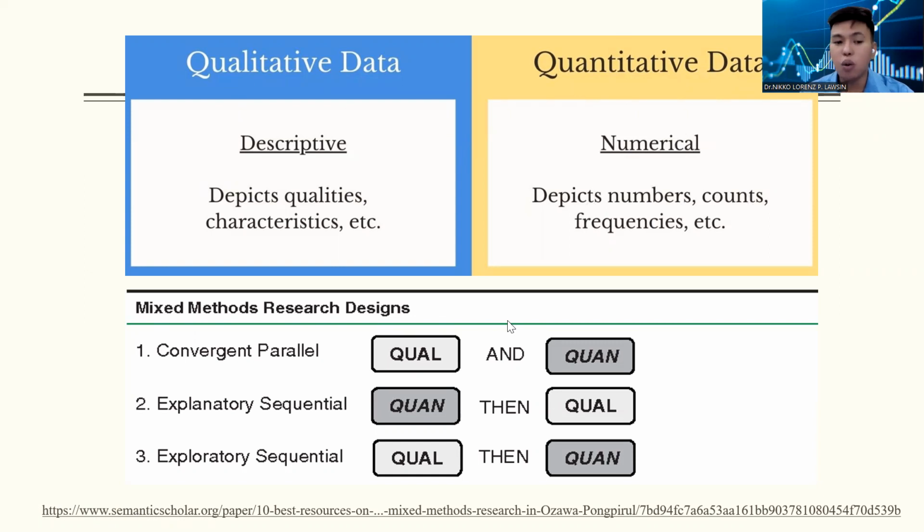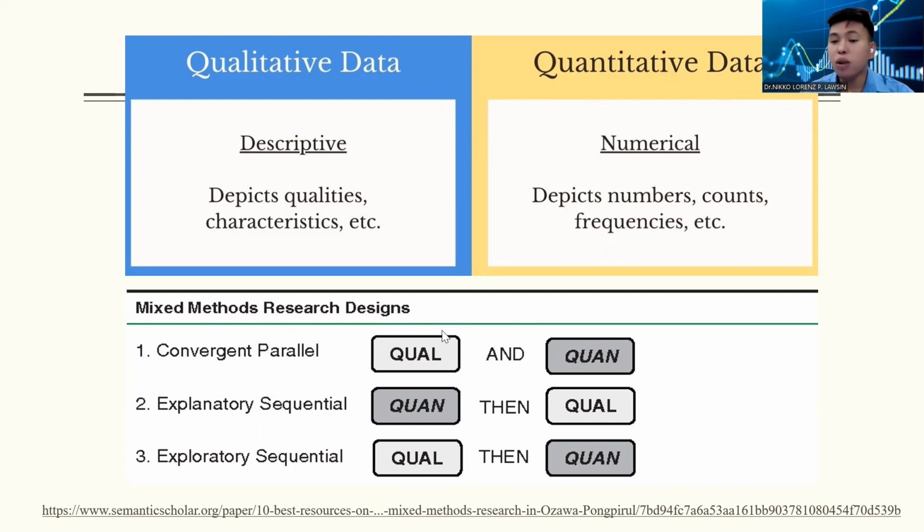And the three most common mixed methods research design include 1. Convergent parallel mixed method research design. 2. Explanatory sequential mixed methods research design. And number 3, exploratory sequential mixed method research design. For the first type, you have the convergent parallel.